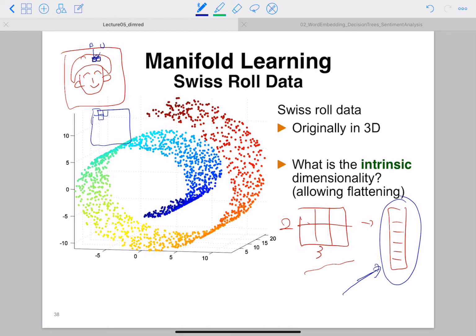So in other words, our real data of facial images will occupy only some sub-regions out of this entire 6-dimensional space. Those sub-regions that our data occupies are called the manifold.